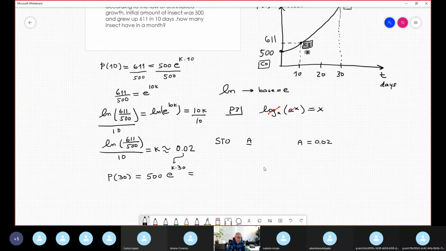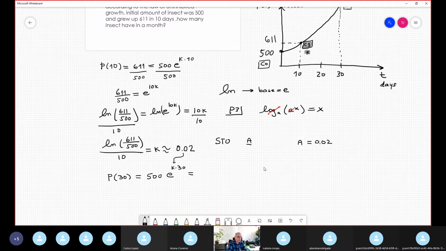So in my calculator I have 500, again times exponential, second exponential, and I put K, but K in my calculator right now is A, not K. Memory, select A times 30 days.